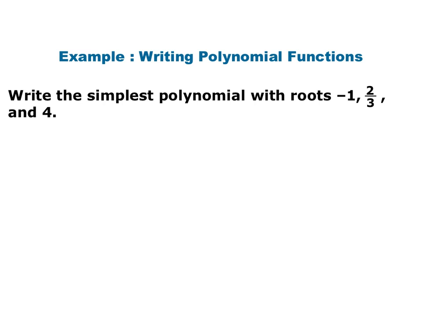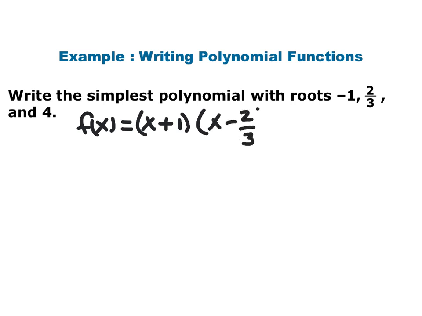So here the polynomial is going to be x plus 1, x minus 2/3, and then x minus 4. So those are the roots. And then we just need to multiply.